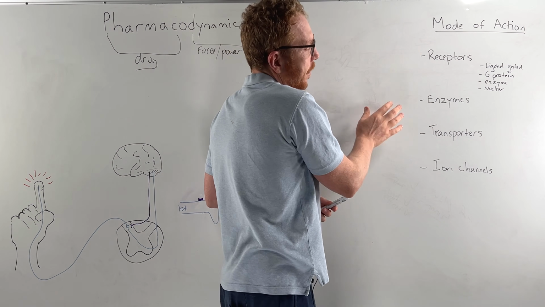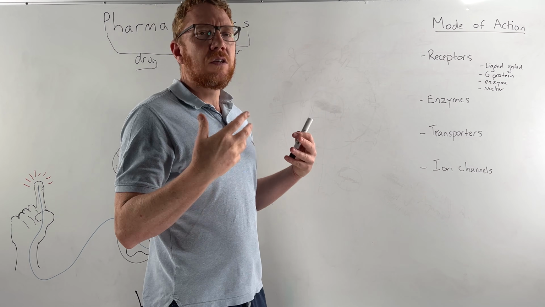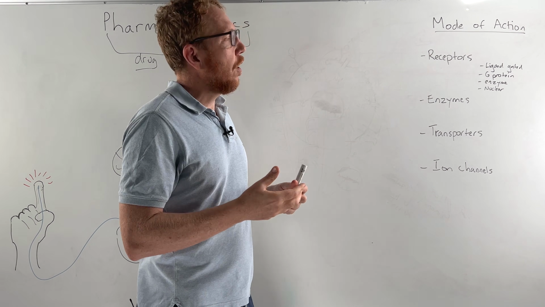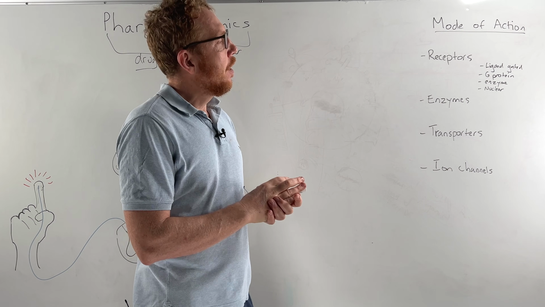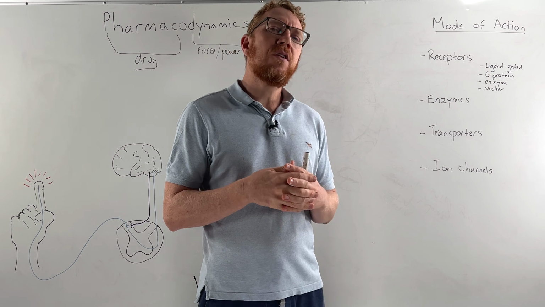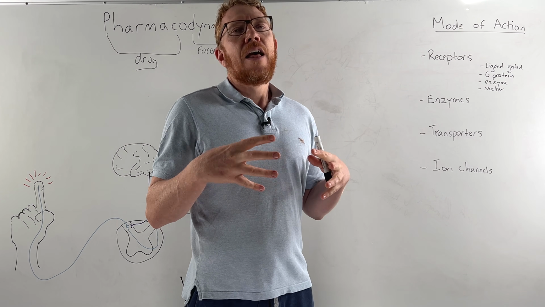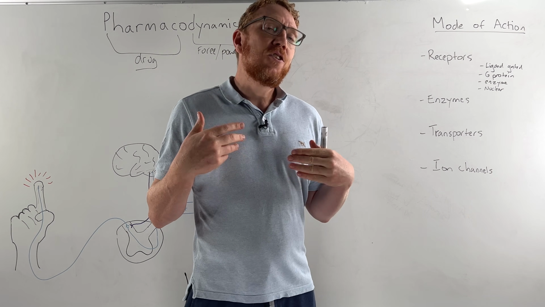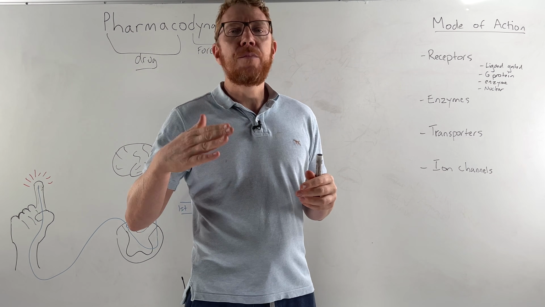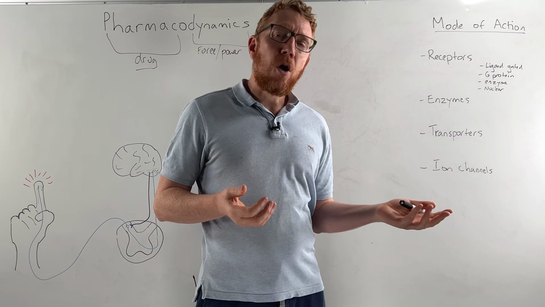So there are four ways that all the drugs we use in pharmacology have an impact in the body. It's important first to note that drugs will not create a physiological process that doesn't normally happen. It's either going to make it more exaggerated or block it.